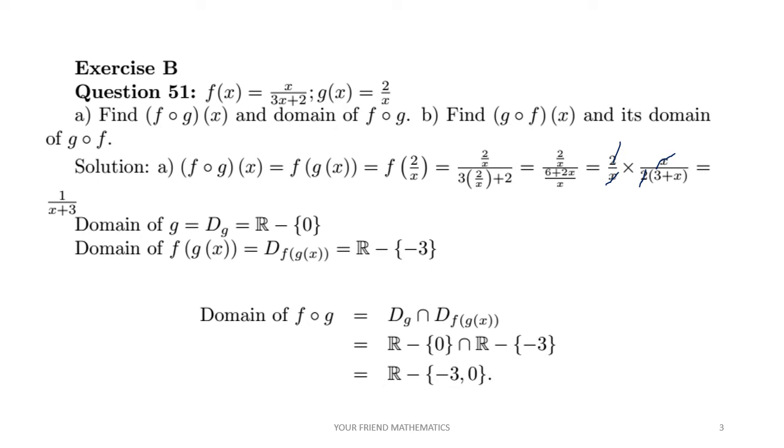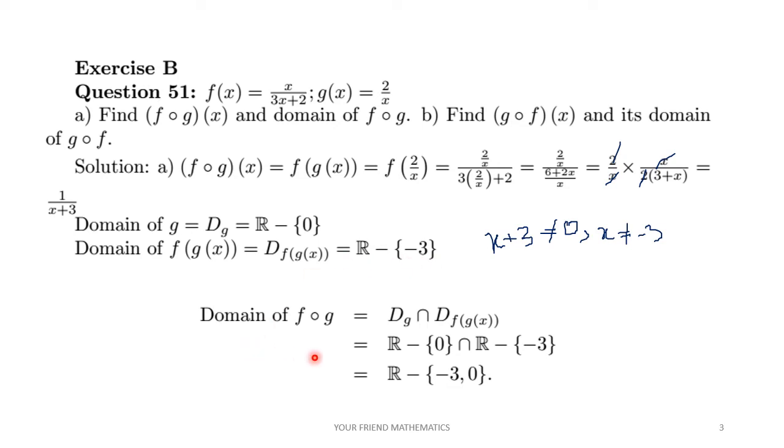Now for f of g of x, which is 1 over x plus 3, x plus 3 can't be 0 because it is in the denominator. So this means x can't be minus 3. So domain of f of g of x is R minus {-3}, all real numbers except minus 3.